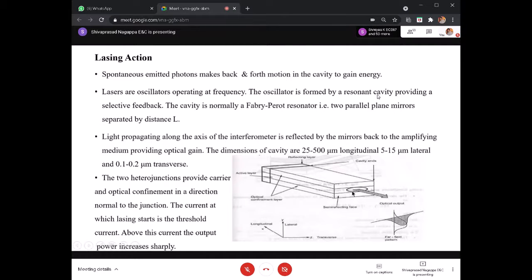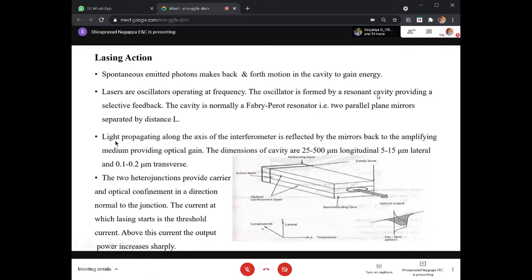The cavity is normally a Fabry-Perot resonator. So what does this Fabry-Perot resonator mean? Here you can consider this as P and this as N. These two act as parallel plane mirrors, which will be separated by a distance L. L is the distance from here to here.